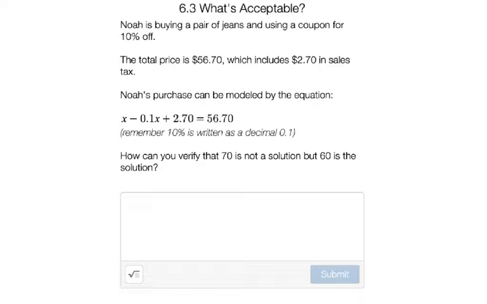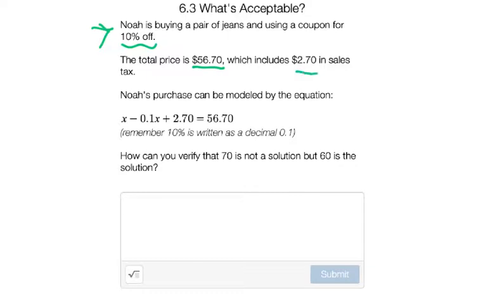So now we are going to look at verifying a solution. I'm given two solutions that I need to verify. So let's just read. Again, Noah's buying a pair of jeans. He's using a coupon. Same thing. Nothing has changed here. We know that the total is $56.70.